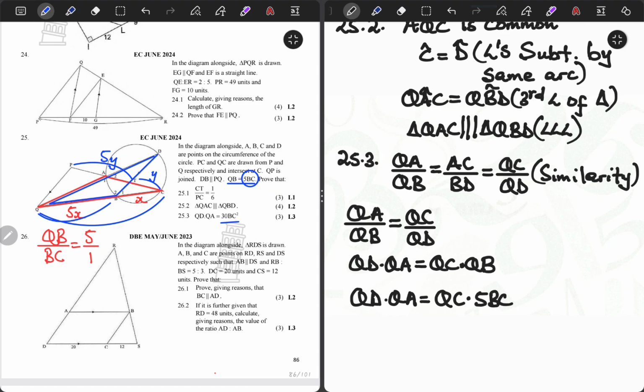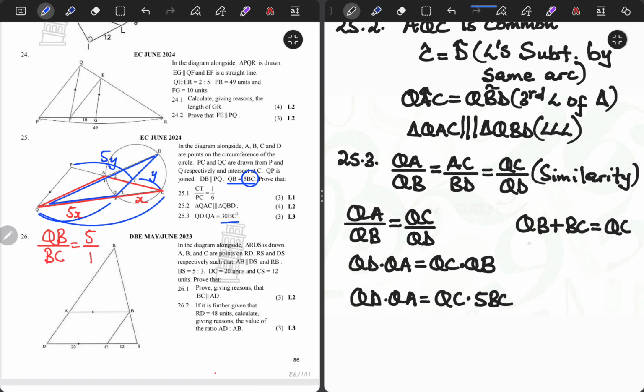Let's see. Let's say QB plus BC equals QC. What's QB?